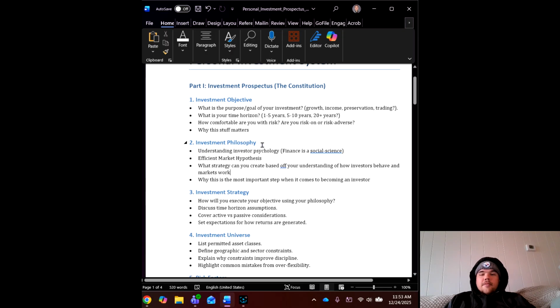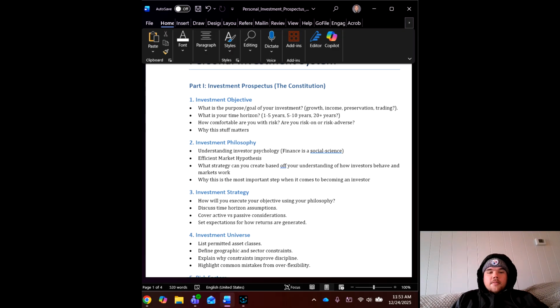Finance is a social science, so psychology actually plays a huge factor in investing. Understanding investor psychology is an important part of your investment philosophy, because if you can understand how investors behave and the way that they would react to certain events, then you can make better, more informed investment decisions.